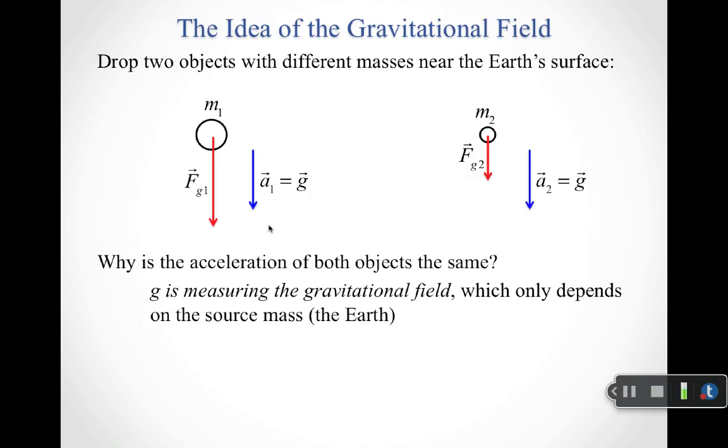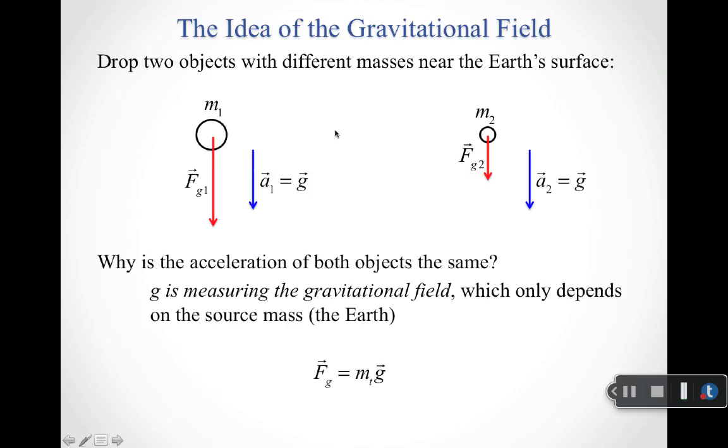So in some sense, we've dealt with the gravitational field since we first started talking about gravity. We just didn't think of it in terms of the gravitational field, but that's what it was. So when we look at this equation, we said the gravitational force is an interaction between two masses. One of them is explicitly written here.